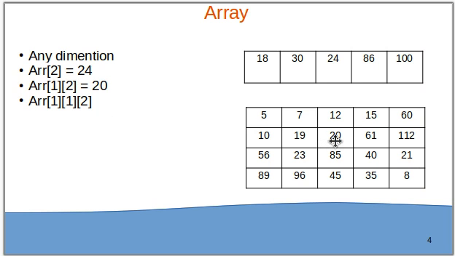So this will retrieve this 20. And this means a 3-dimensional array, where this means the second table, second row, and third column. So this is how we can calculate the index and the value of each cell of the array.